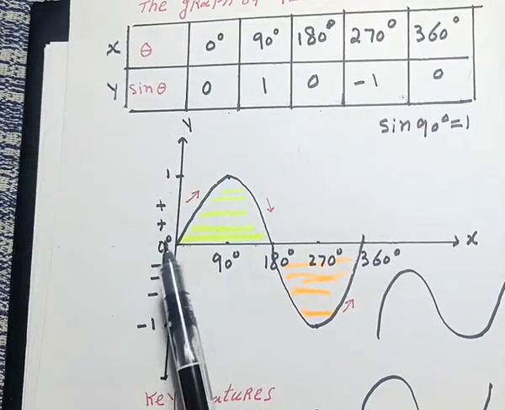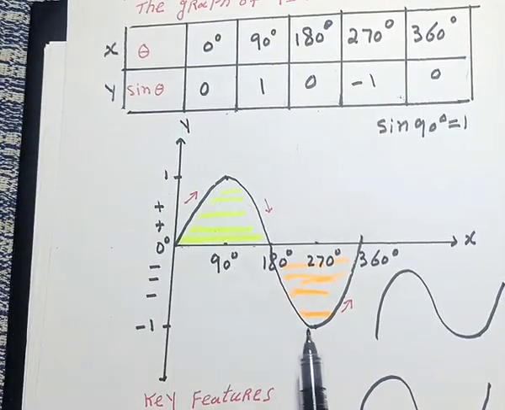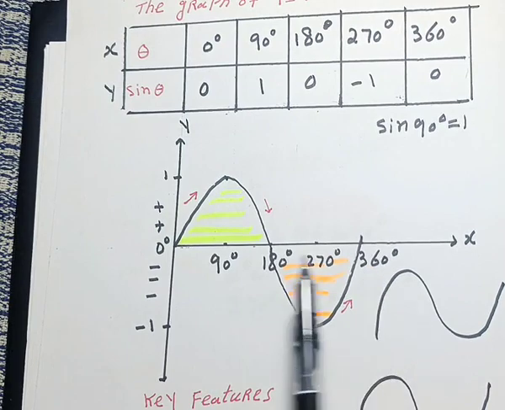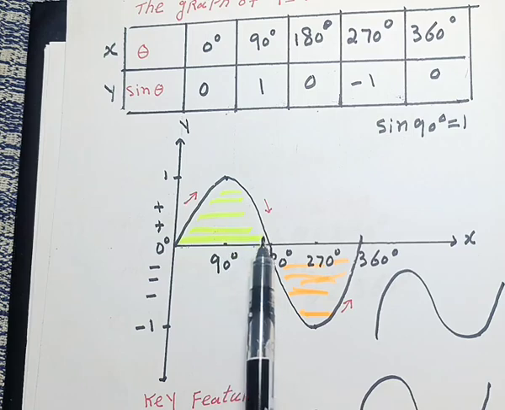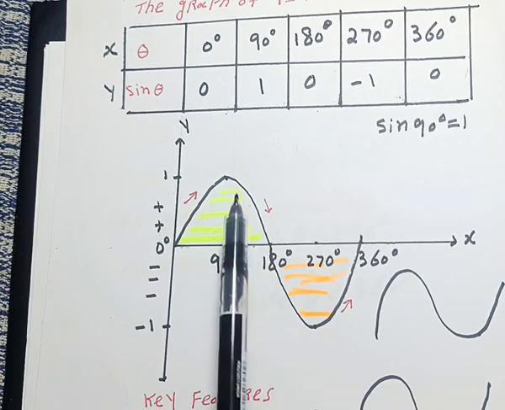See there, 0 to 90 increase, 270 till 360 increase, between 90 and 270 decrease, they are coming down.